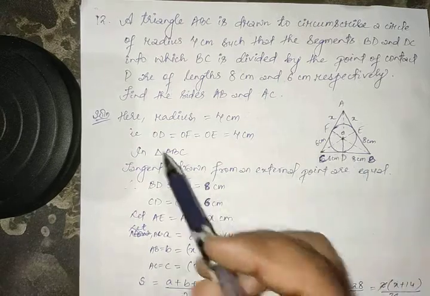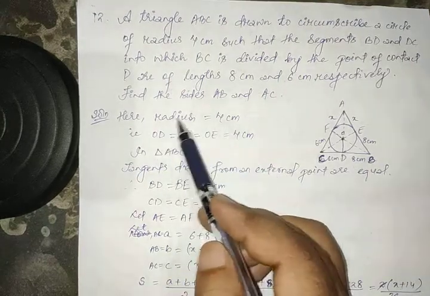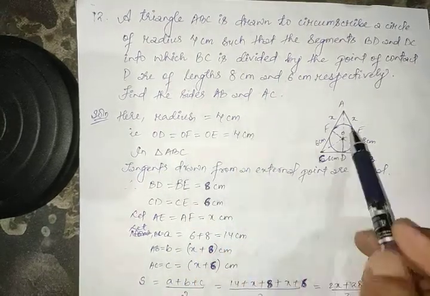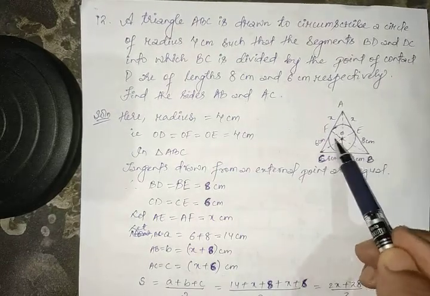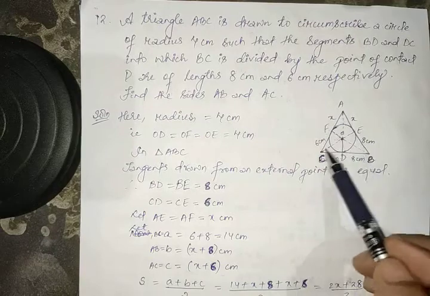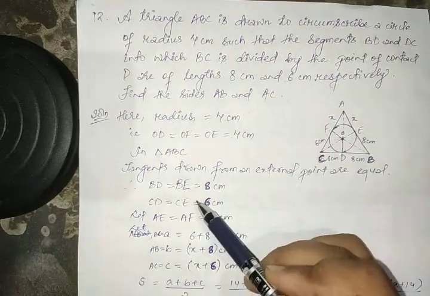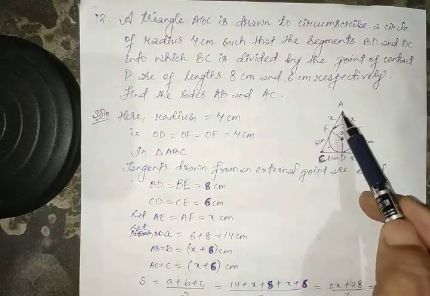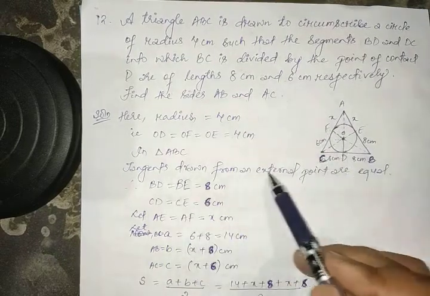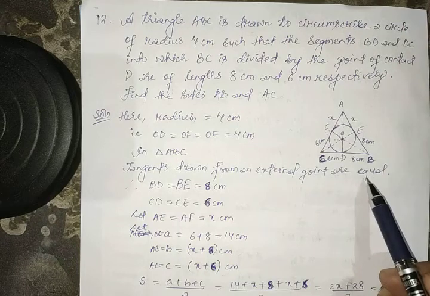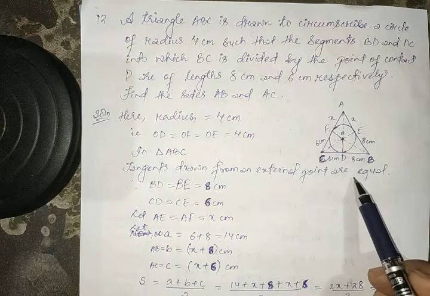So let us start. Here, what is given, let us write. Radius is given 4 cm, that is OD equal to OF equal to OE. All these three are radius, so they will be equal, that is equal to 4 cm. Now let us consider triangle ABC. Tangents drawn from an external point are equal, that we have already learned in the theorem.